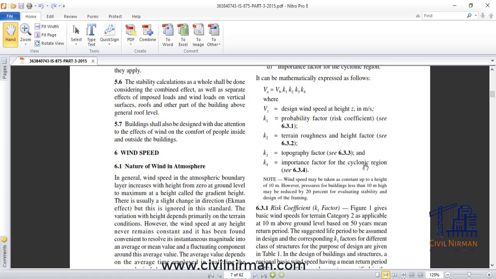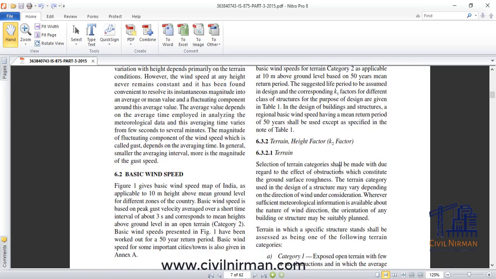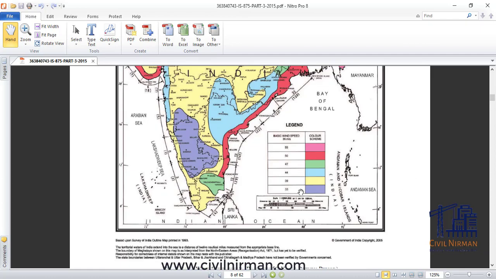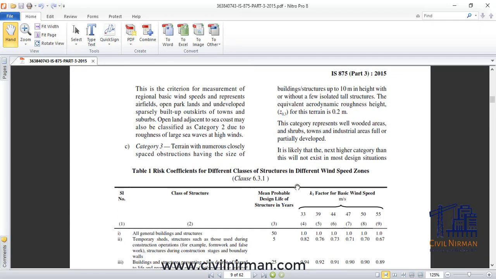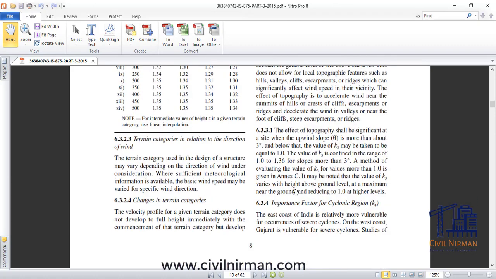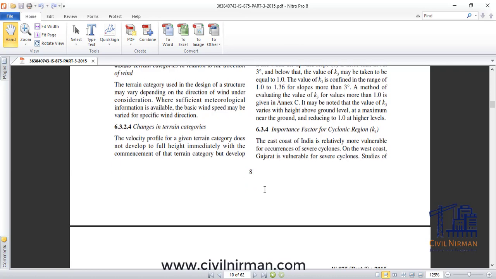That is the importance factor for the cyclonic region, and there is a note written in your code here. The east coast of India is relatively more vulnerable for the occurrences of severe cyclones, and on the west coast Gujarat is vulnerable for the severe cyclones.